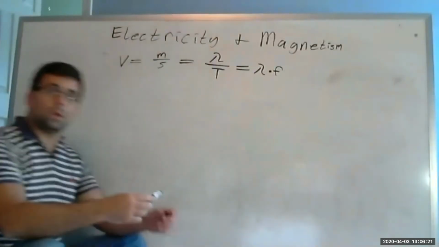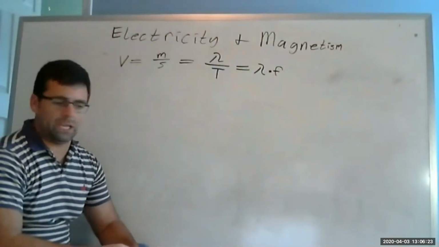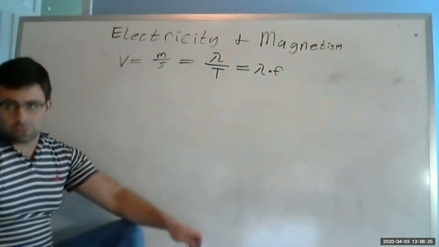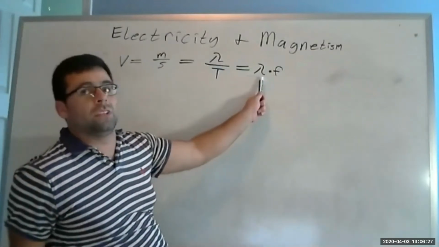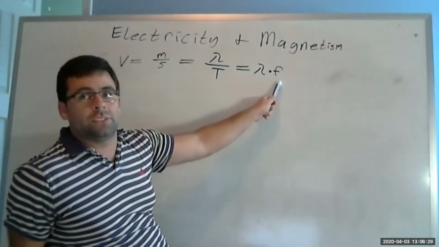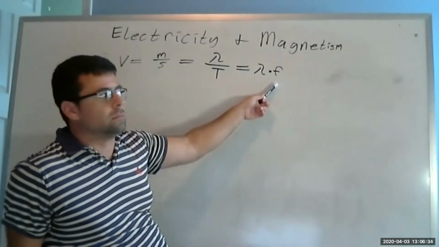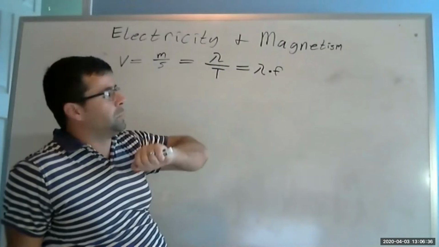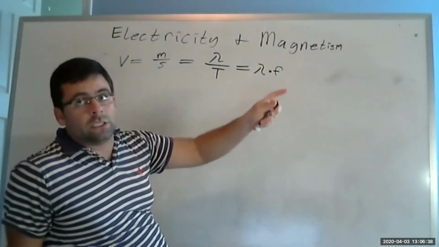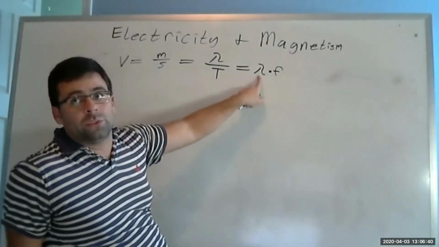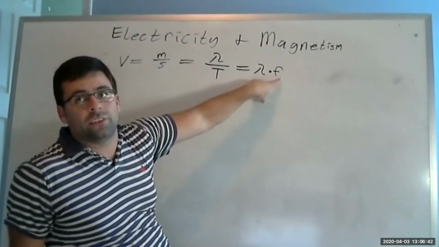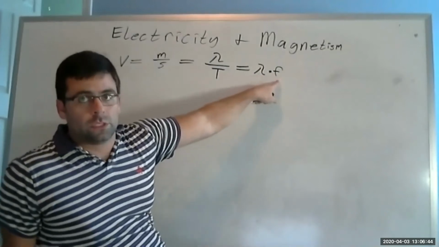So the speed of a wave is the wavelength times the frequency. And it makes pretty good sense. The speed of an object is how far it goes and how often it goes that far.